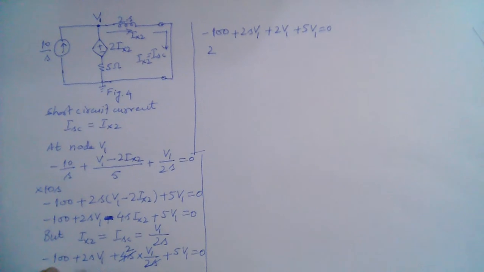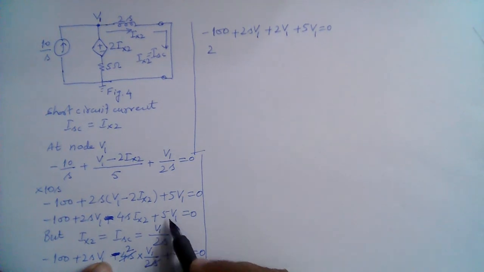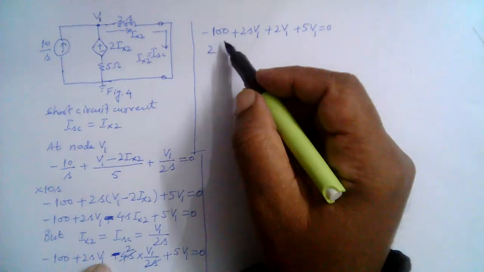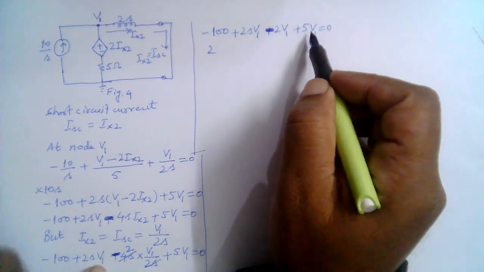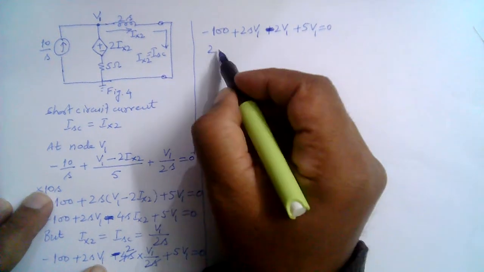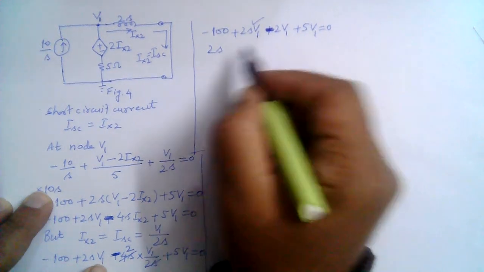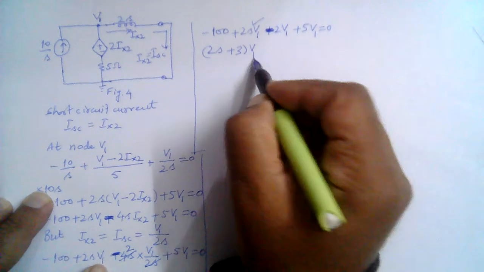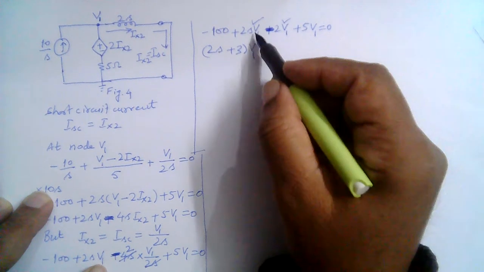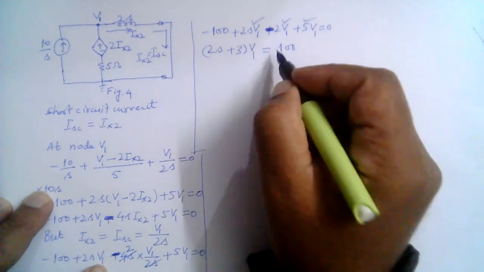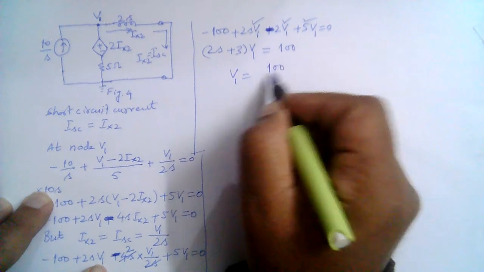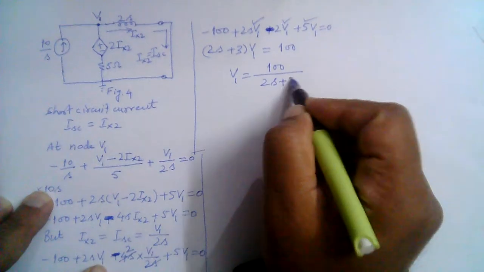And minus 100 plus 2S V1, and this should be minus here, and minus 2V1, and this leaves us with this 5V1 here: minus 100 plus 2S V1 minus 2V1 plus 5V1. So that is basically 2S V1 plus 3V1, right? 5 minus 2, this is 3V1, and that is equal to 100. So V1 is equal to 100 divided by 2S plus 3.